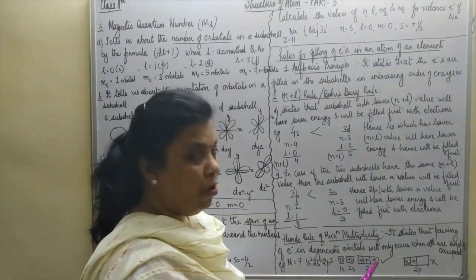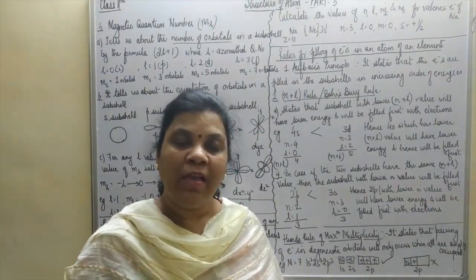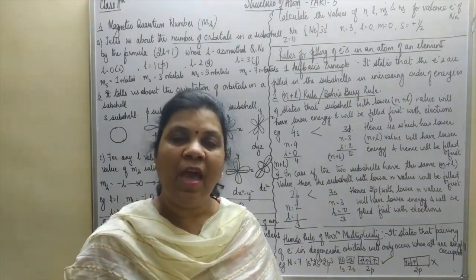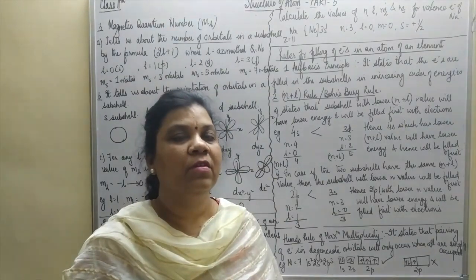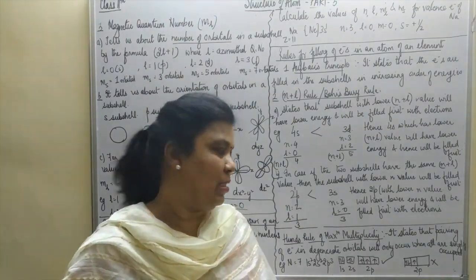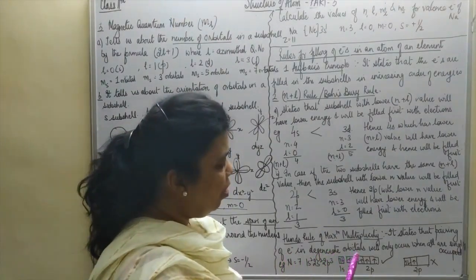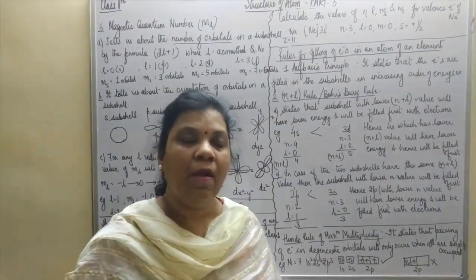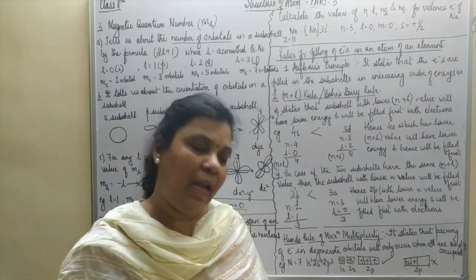When we are filling electrons in a set of degenerate orbitals, first we have to singly fill electrons in them and thereafter the pairing will take place. So it states that pairing of electrons in degenerate orbitals will only occur when all the orbitals are singly occupied with electrons.